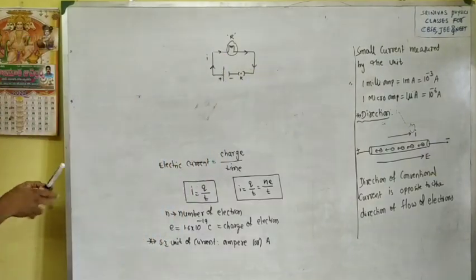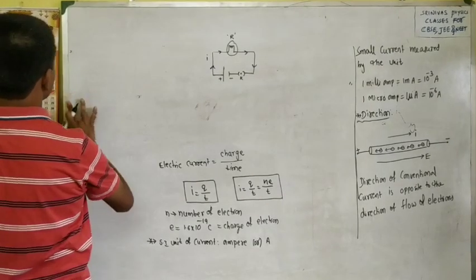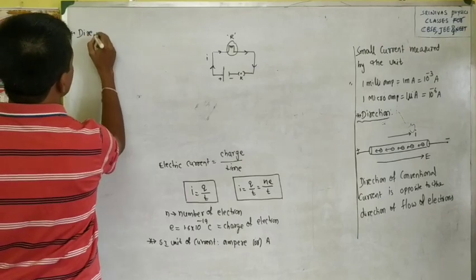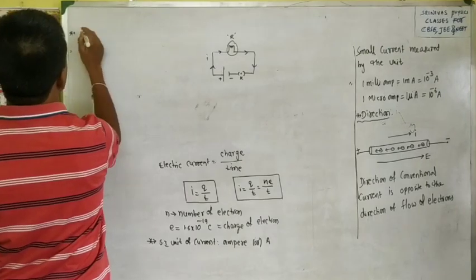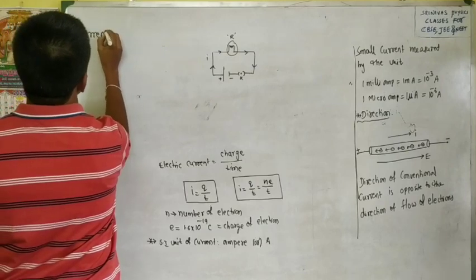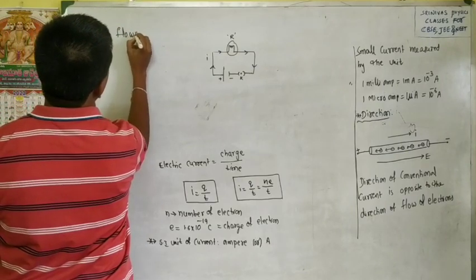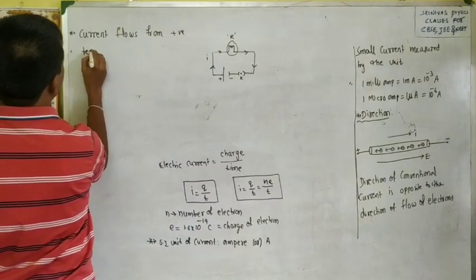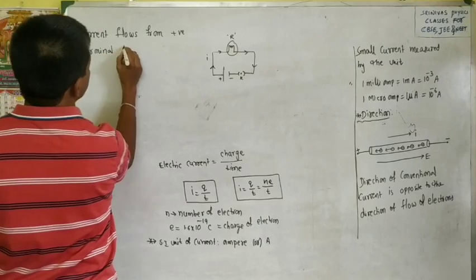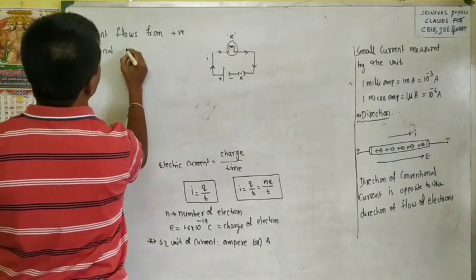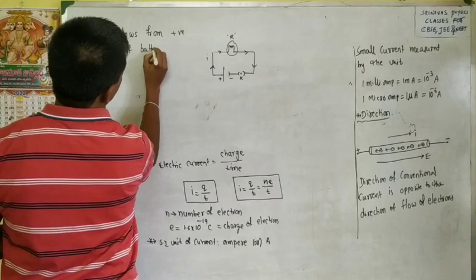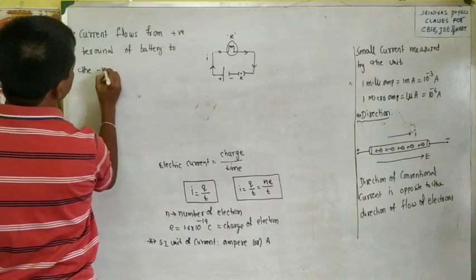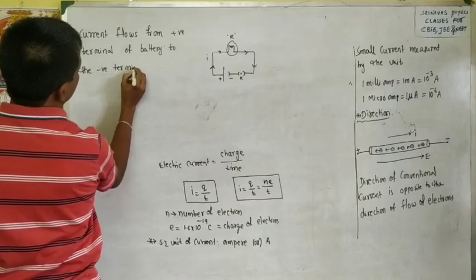That means the direction of current in a closed circuit, right? The direction of current we can also write like this: the current flows from where to where? From the positive terminal of the battery to the negative terminal, right?